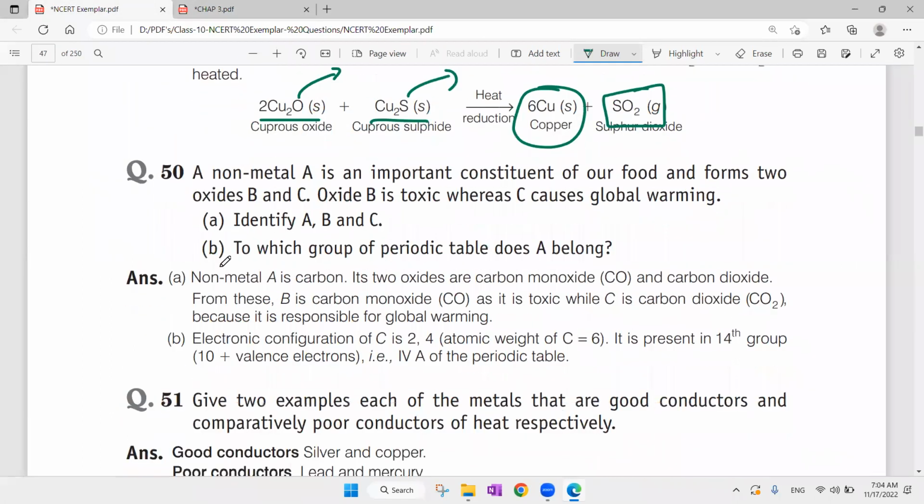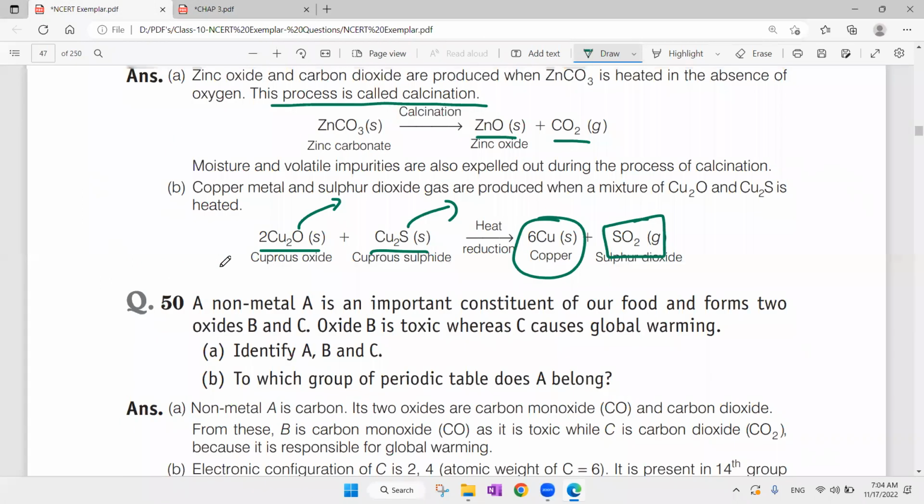Then 50th question. Okay, any doubts till 49? No, sir. Am I fast? No, sir. Because all equations and all concepts are present in textbook, if you had read the textbook, you could solve all answers without my assistance.